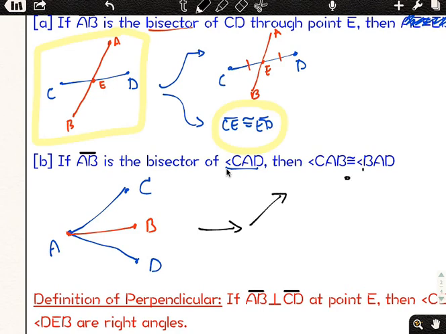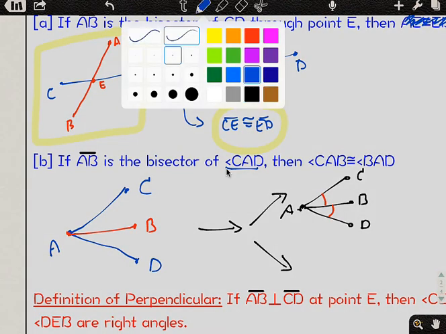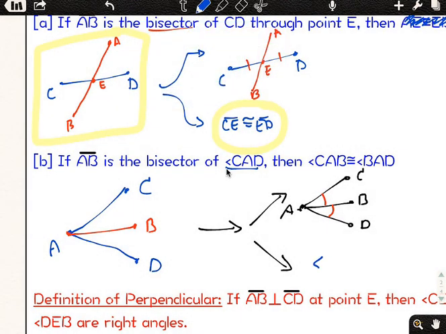One is a pictorial result. Here's A and here's D. B is in the middle. So the pictorial result is that these angles are now going to be congruent, of course showing that by using the single tick mark. And of course the written out result is that angle CAB is now congruent to angle BAD. Now this isn't mind-blowing. This is just going to be an angle version of what bisectors were for segments.